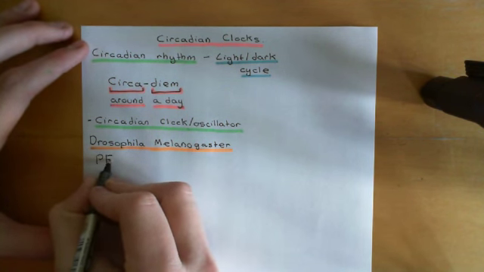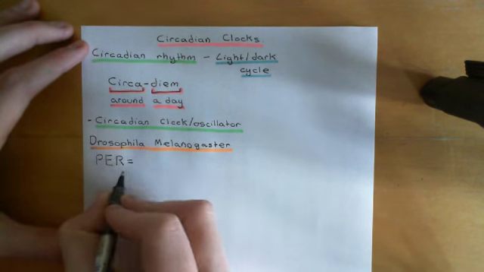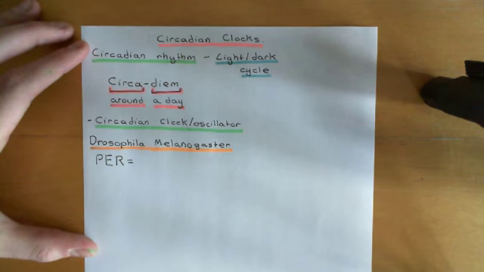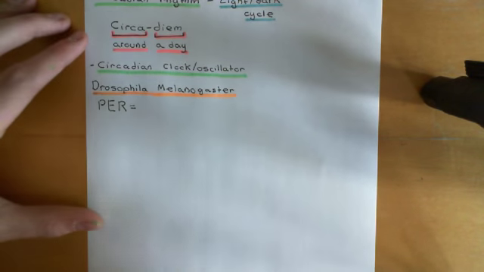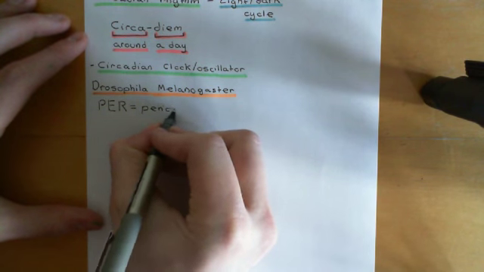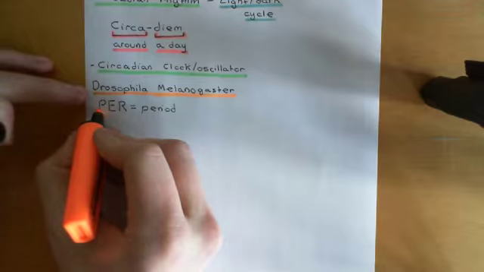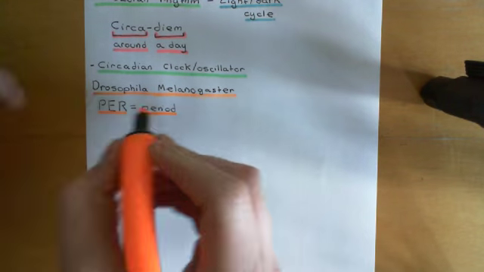cells. The first important protein that I need to talk about is a protein which throughout this video will be abbreviated to PER, and its full name is period. So this is the period protein, and I'll highlight the period protein up here in green.